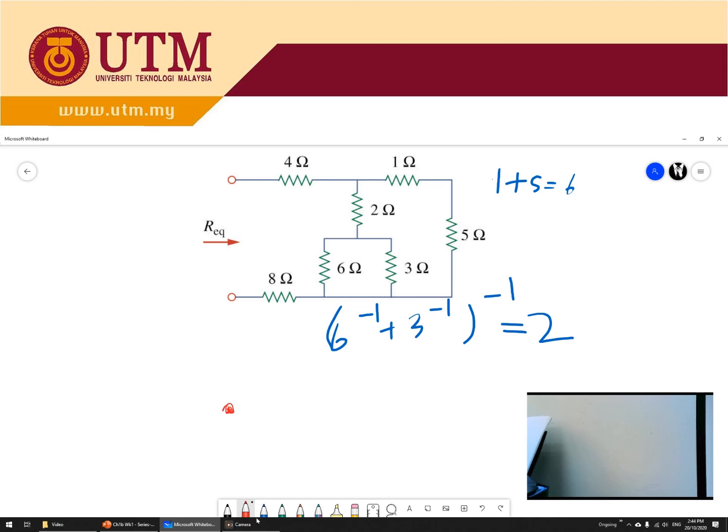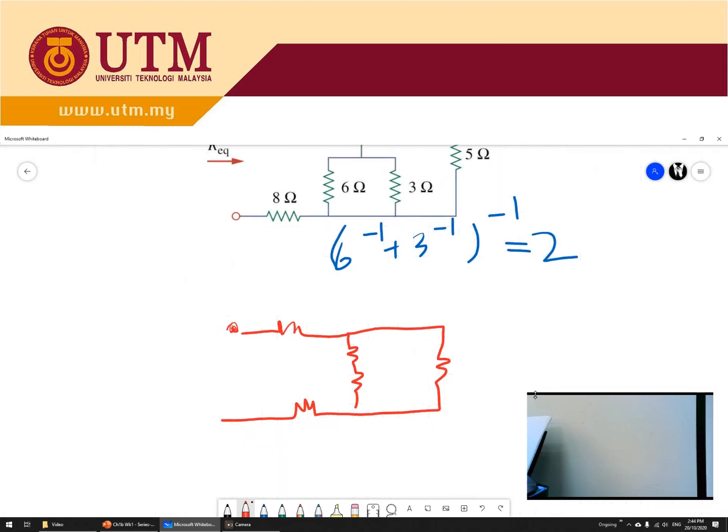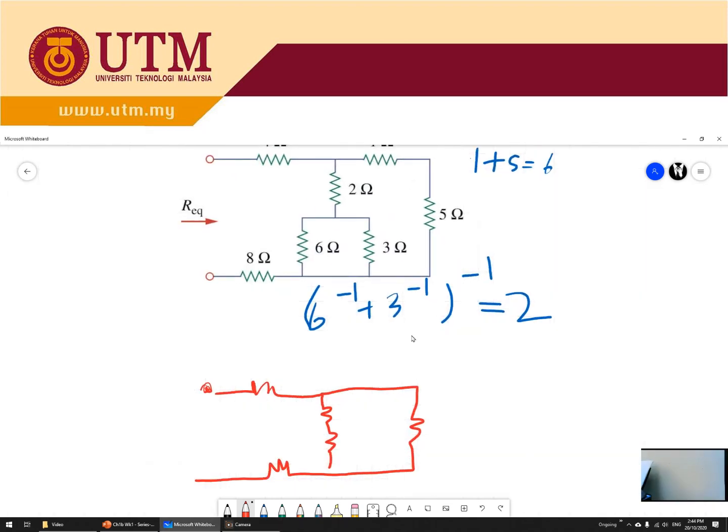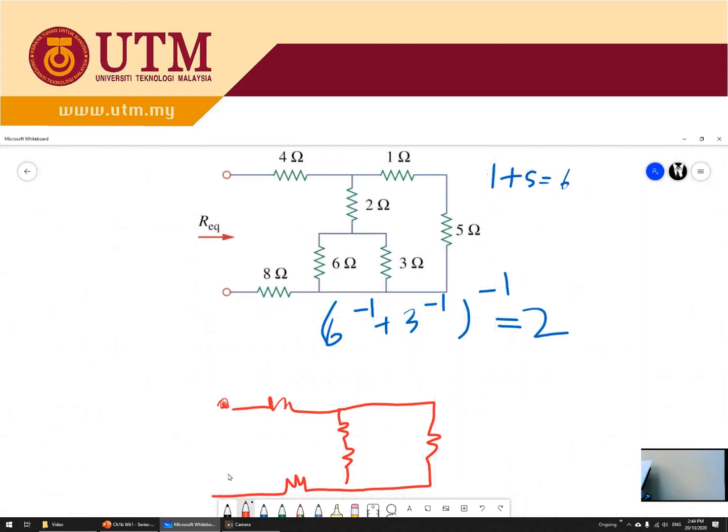Okay, point here. Okay, 4. So this is 4 ohms.